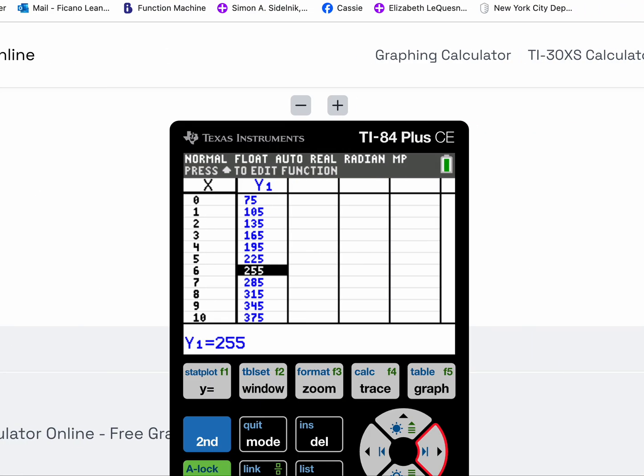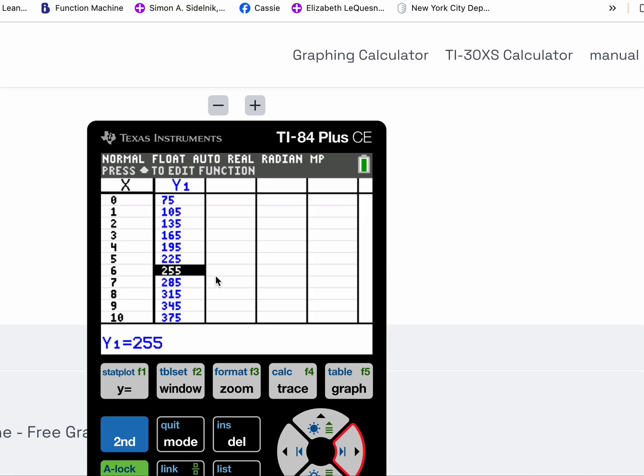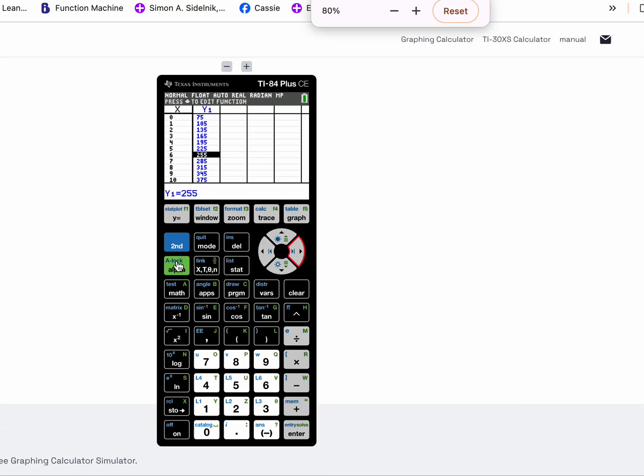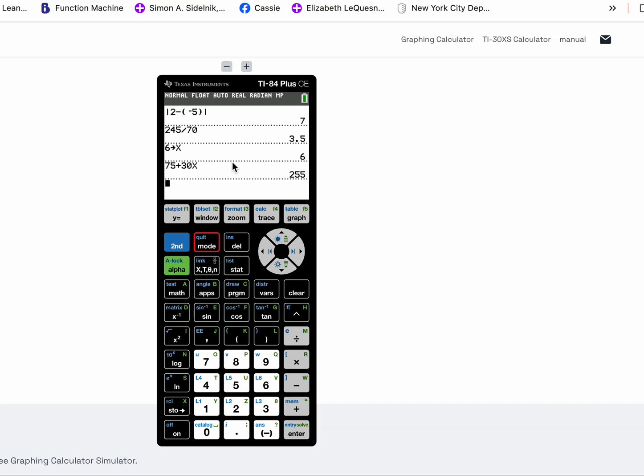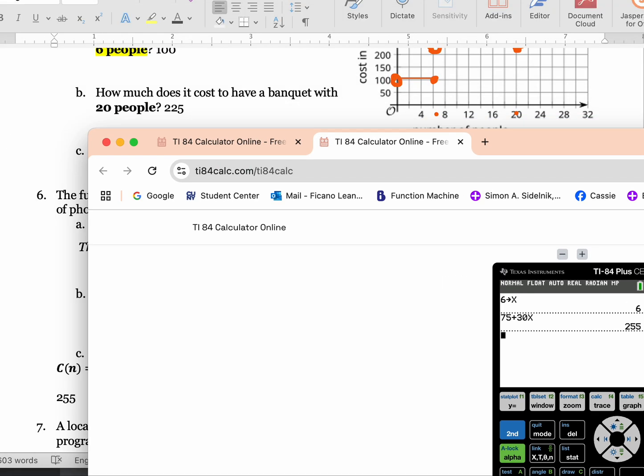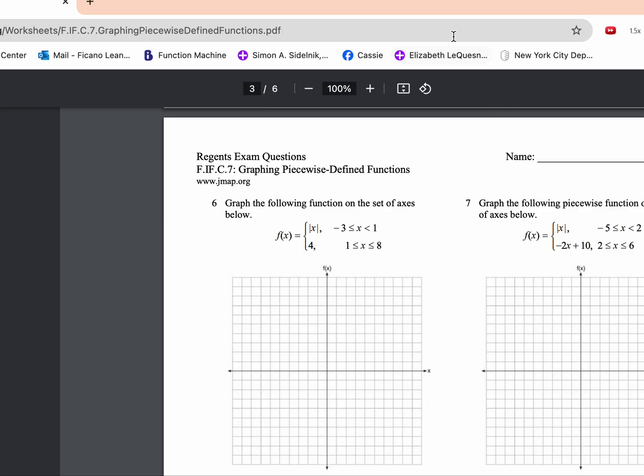Another way you could have done it is using the store button. 6 store x, and then we have 75 plus 30x, and that equals 255. So there are multiple ways you can do this.